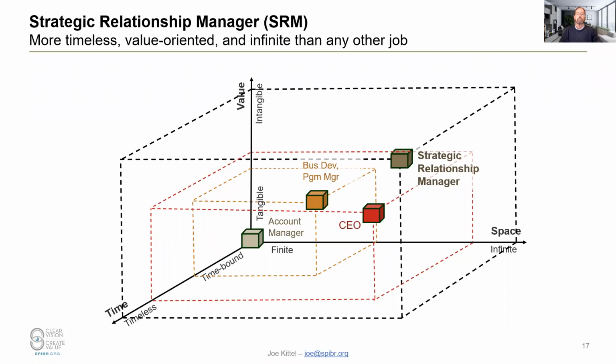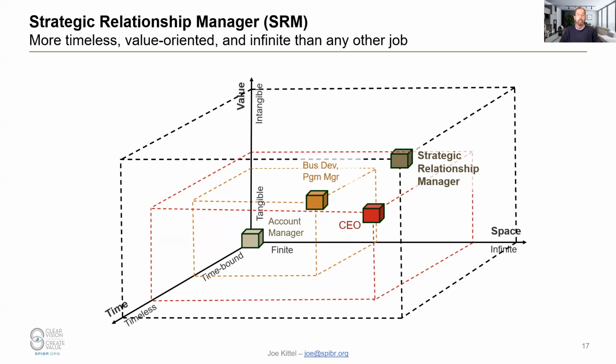There are 3 different axes or dimensions along which an SRM's identity needs to expand. They are time, value, and space. Time. They need to adopt a very long-term, even a timeless perspective. Value. They need to focus on both the tangible and, more importantly, the intangible forms of value.